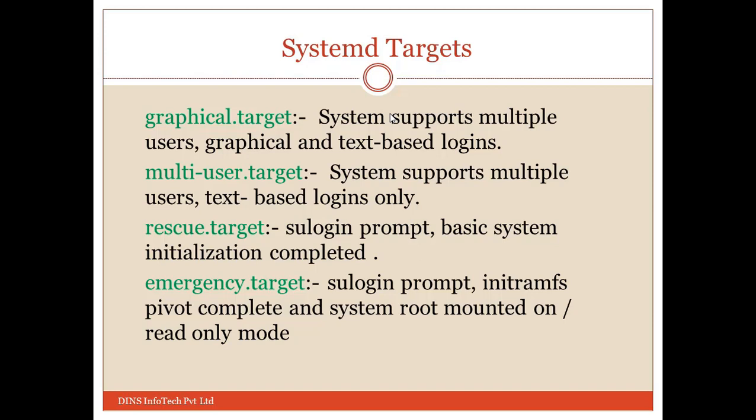If you have the graphical interface, then you can run the text-based login also. This text-based login is nothing but the multi-user target. So the system supports multiple users, graphical as well as text-based, and the multi-user target is already included in the graphical target.